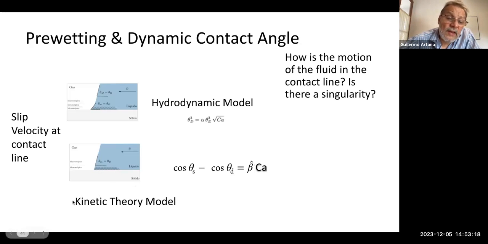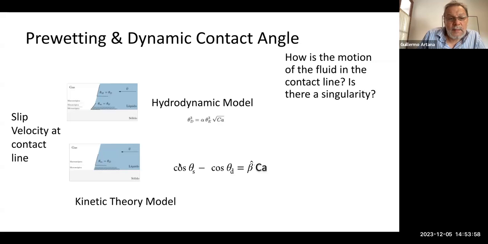On the contrary, you may also try to describe the dynamics of the contact line through another model that is inspired by the kinetic theory, and in which you have a relationship between the cosine of the static angle and the dynamic angle of movement. The contact angle will be different in the static case and when you have movement, and these are related through the capillary number, and a coefficient beta that is named the friction factor.